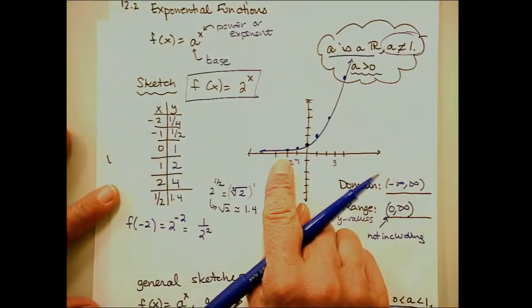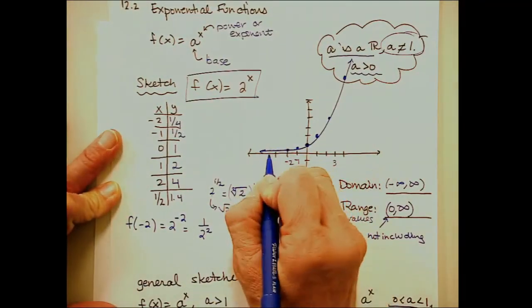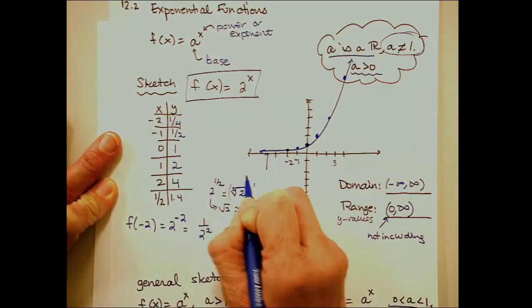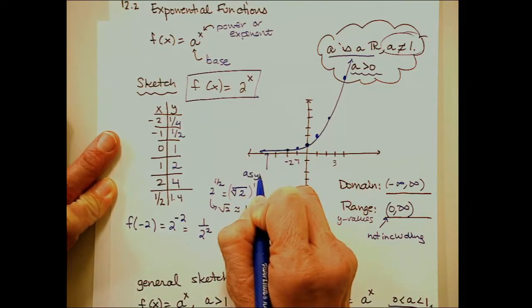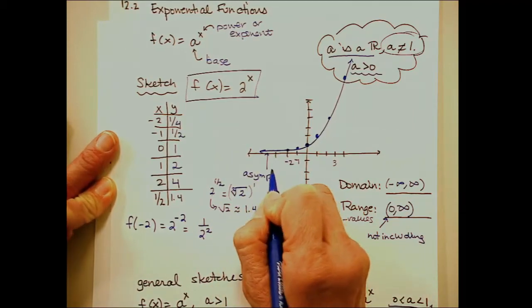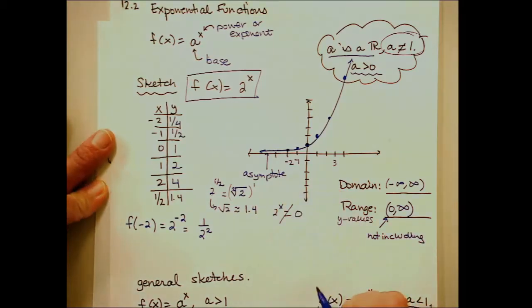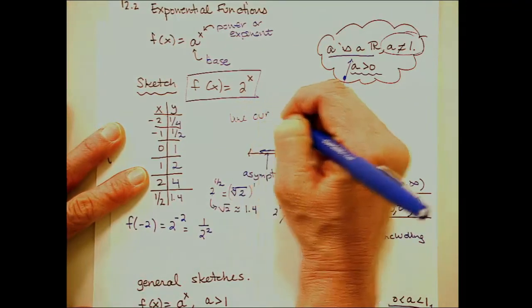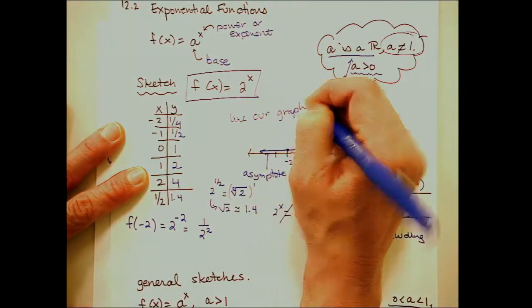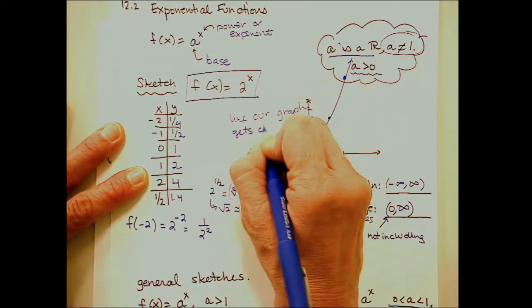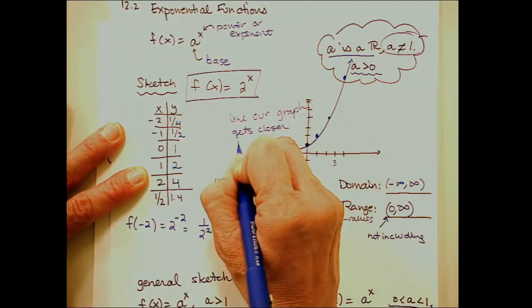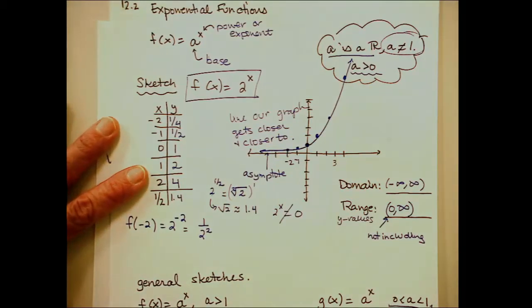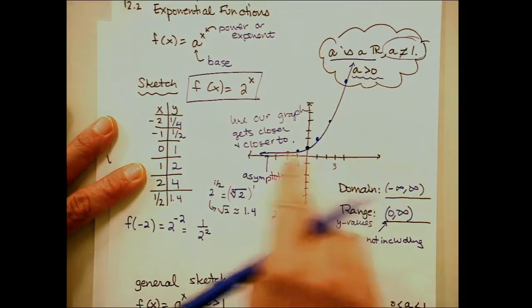So in our picture here, our 2 to the x, the fact that we're getting super close to our x-axis but never touching, we call that an asymptote, A-S-Y-M-P-T-O-T-E. And an asymptote is a line our graph gets closer and closer to. Okay, so we have this asymptote.